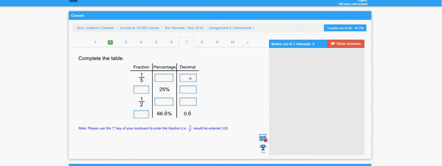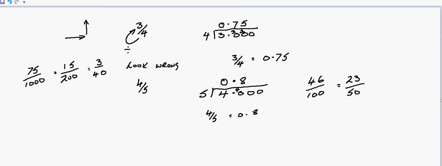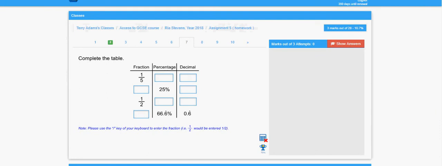So 1/5 we need to change to a percentage, so we're going to change it to a decimal first. So 1/5, we divide the bottom into the top, so 5 into 1, because it has to look wrong. We put a decimal point down and some zeros and a decimal point above it. 5 into 1 doesn't go, so we carry the 1 across. 5 into 10 goes 2. So we get 0.2.